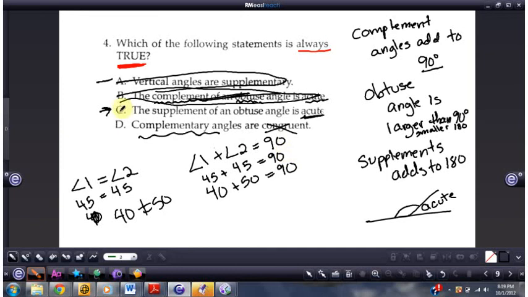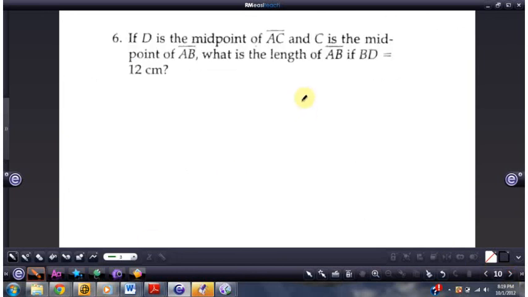Okay, this next question: if D is the midpoint of AC, I would immediately draw that out. You've got a line A, C, and we're going to pretend that's a nice pretty straight line. The midpoint is D. Now it turns out this letter C is the midpoint of AB.